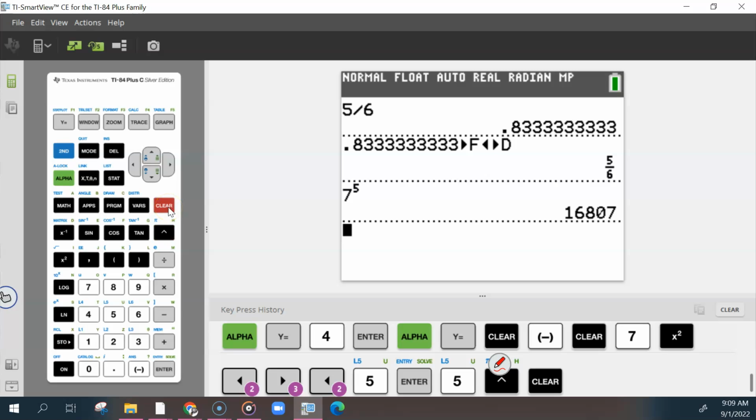Where is your cube root button? Anyone see where the square root is?